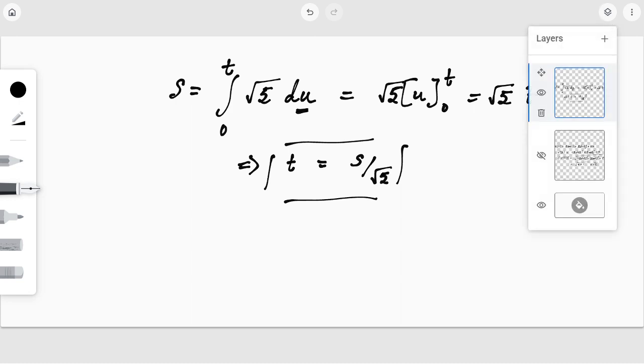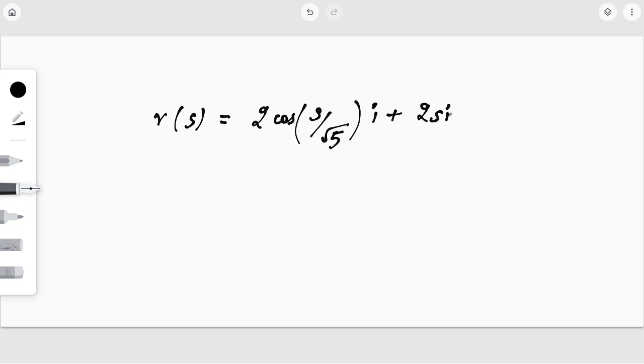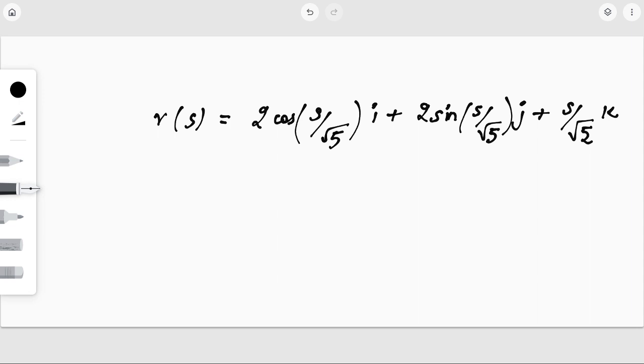When we substitute this value in the given vector function, we obtain r of s equals 2 cos of s by root 5 i plus 2 sin of s by root 5 j plus s by root 5 k. So I hope it is clear. The example was pretty much simple.